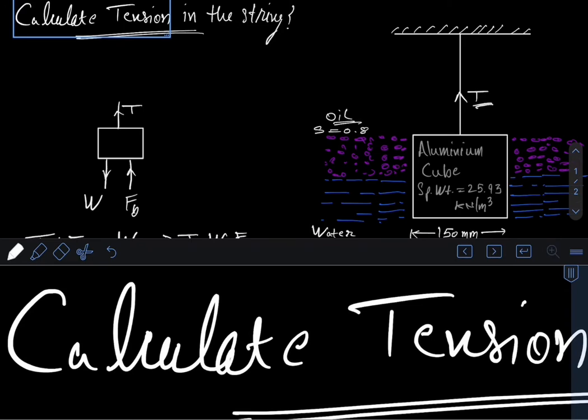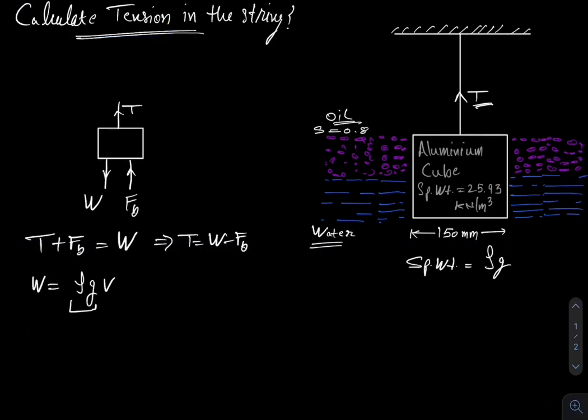Rho g is given to us as the specific weight, 25.93, multiplied by the volume of this cube. The volume of the cube is A cube, the cube of its side, which is 0.15 meter cube, as 150 mm is the side.